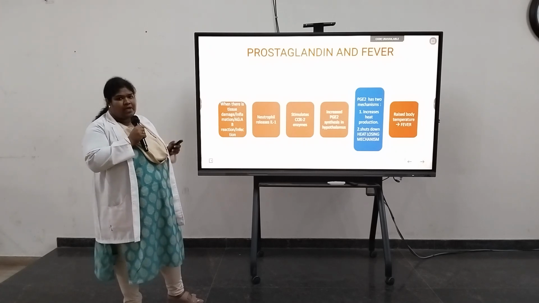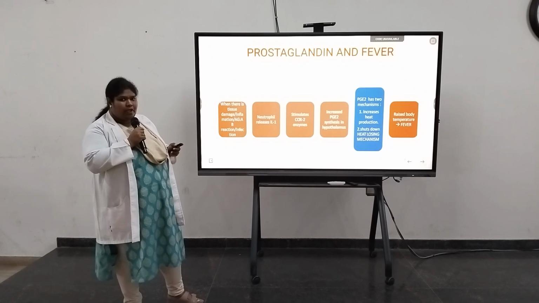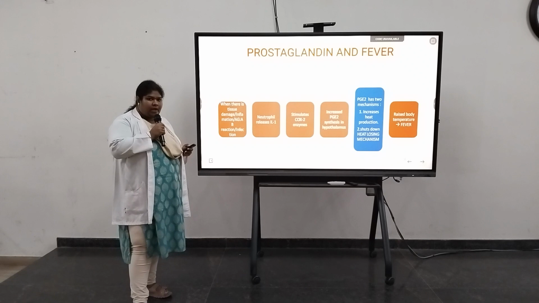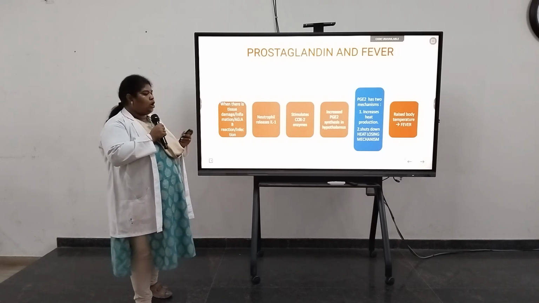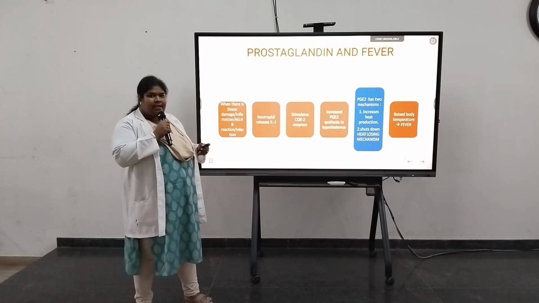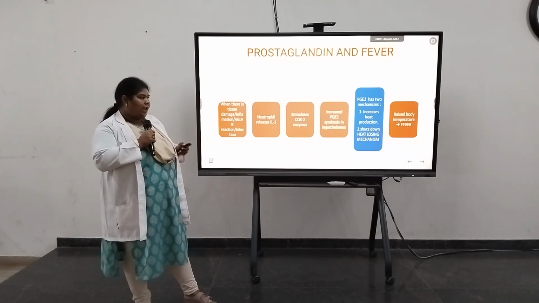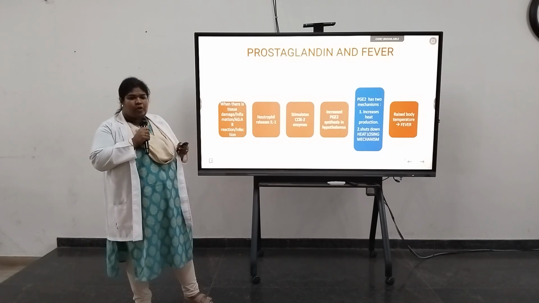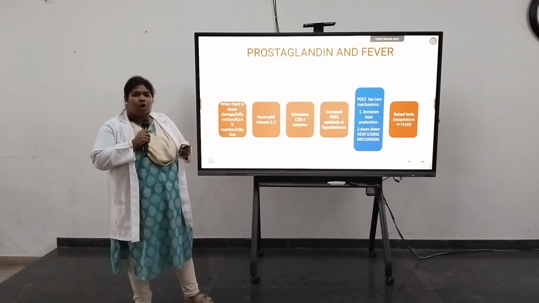The main prostaglandin involved in fever is prostaglandin E2, and it acts by two important mechanisms. Either it increases your heat production so that your body temperature increases, or else it shuts down your heat losing mechanism. This is the mechanism by which prostaglandin raises your body temperature and causes fever.